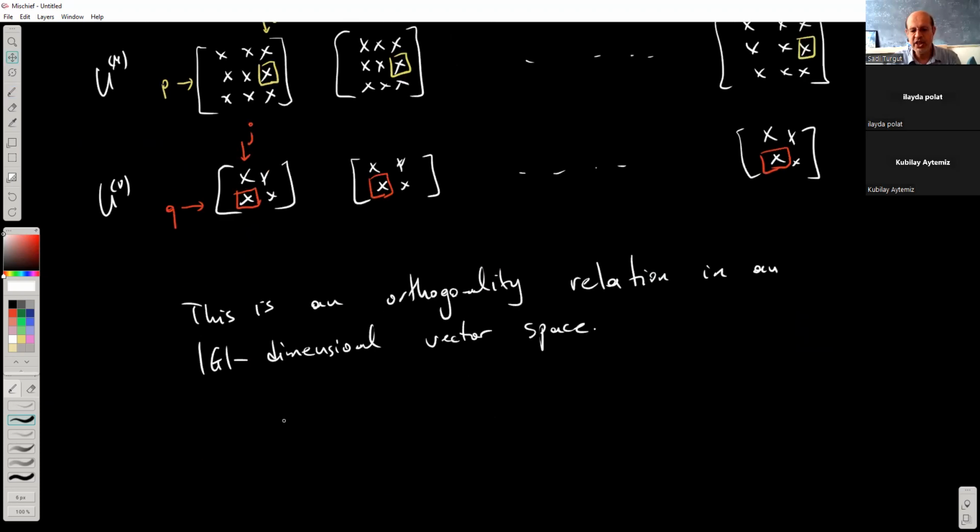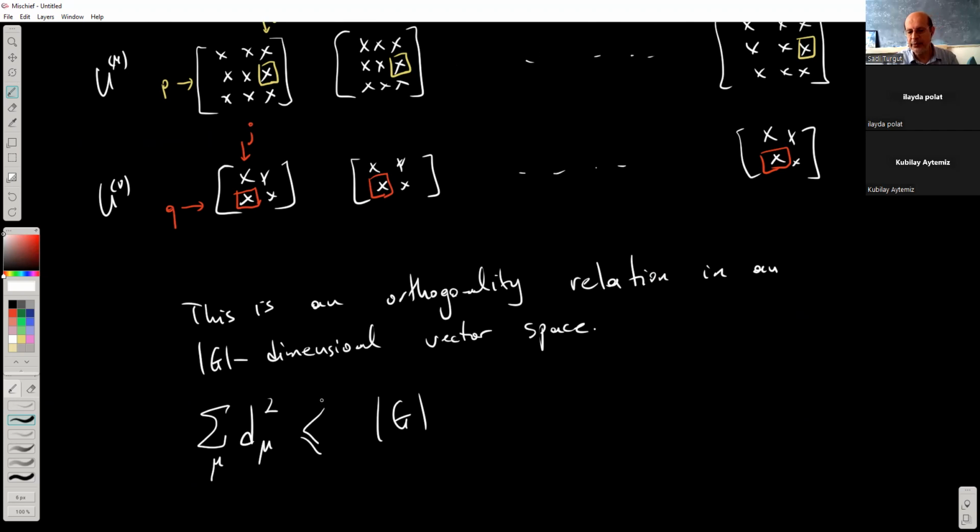In each case, the number of vectors from each representation is equal to d mu squared, because every square matrix with that dimension has d mu squared matrix elements. So in that vector space, I can find at least this many vectors, and they are all perpendicular to each other, which means that the dimension of the vector space should be at least as big as these.